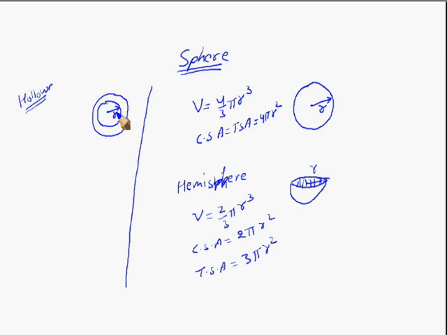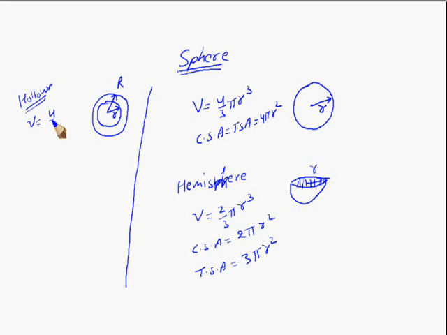The internal radius is, let's say, r, and the external radius is capital R. So the volume of the hollow sphere is the volume of the outer sphere minus the volume of the inner sphere, because inside there is nothing, so we have to subtract this volume from the outer sphere.